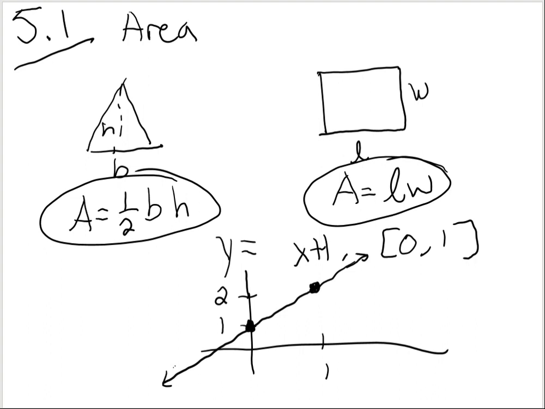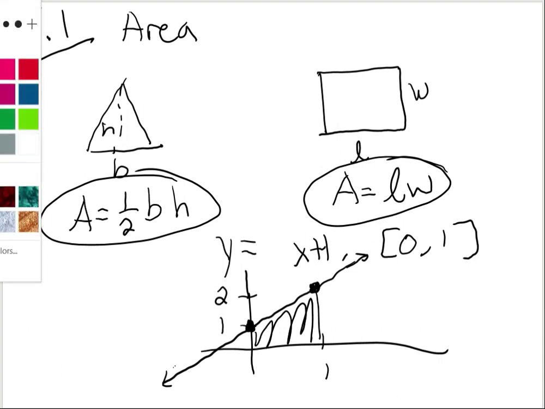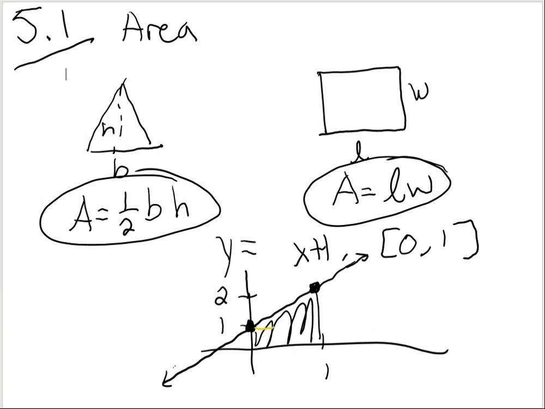And we want this area. Well, now it's not really a shape that we talked about. But we can do this problem by breaking it into smaller pieces. That's one of the things in math we like to do a lot, break into smaller pieces and then do each piece individually.